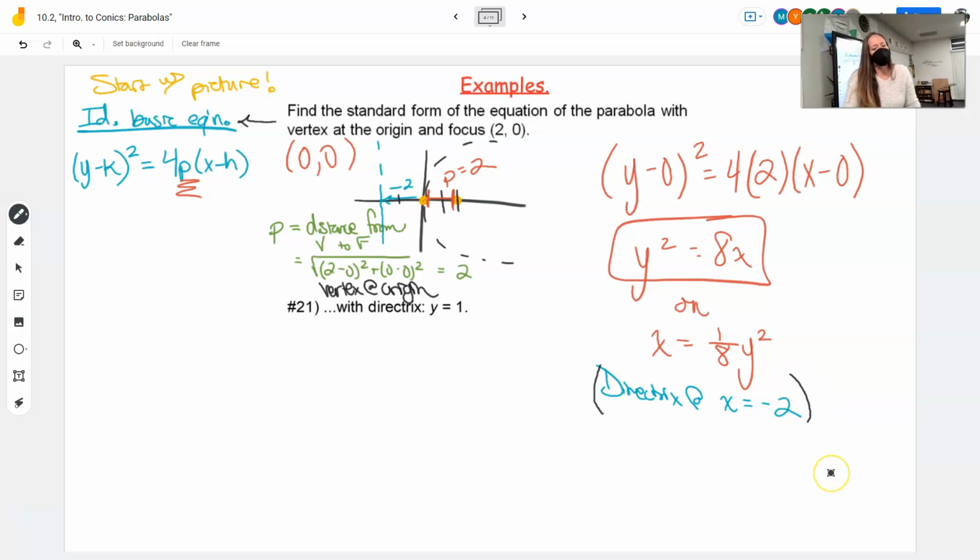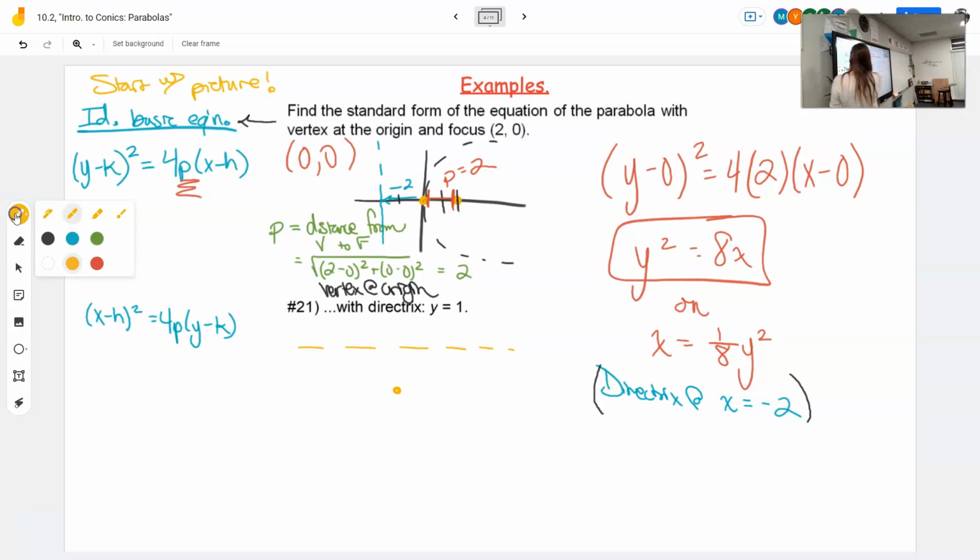The kids have been working on the bottom problem. Let's check in with them and see how they've done. Hey guys, what basic equation are you using for this one? Did you switch your orientation? Did you notice that you had to switch your orientation? How else could you have gotten your vertex at 0, 0 and your directrix at y equals 1?